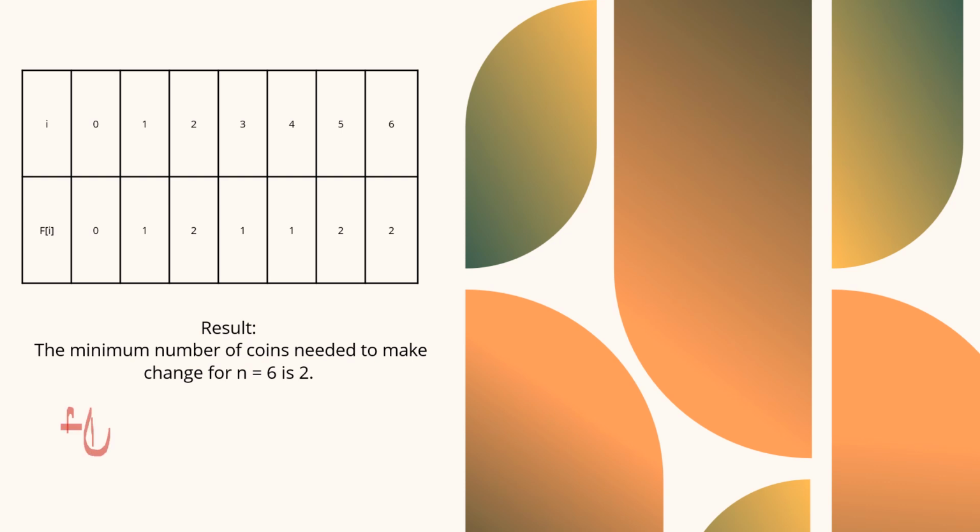So let me write f of 1, which is equal to f of 1 minus 1 plus 1. f of 1 minus 1 is f of 0. The f of 0 value is 0, plus 1 is equal to 1. You can see here the f of 1 value is equal to 1.